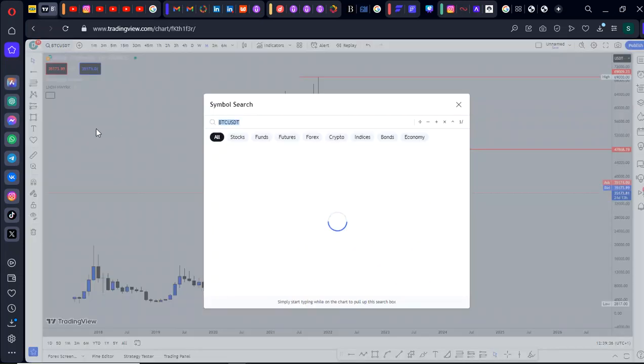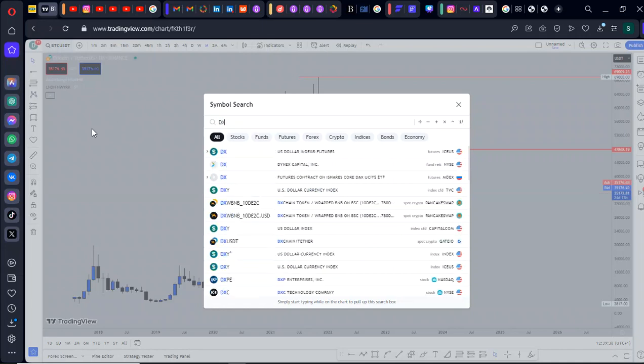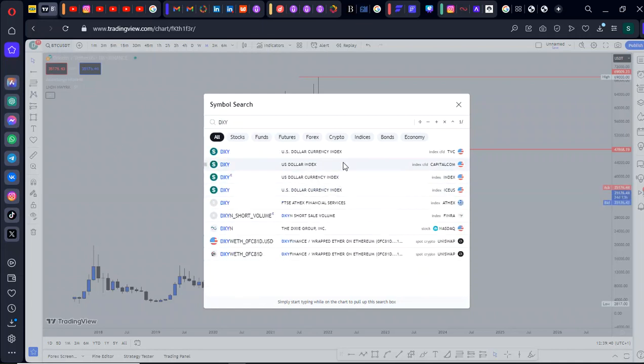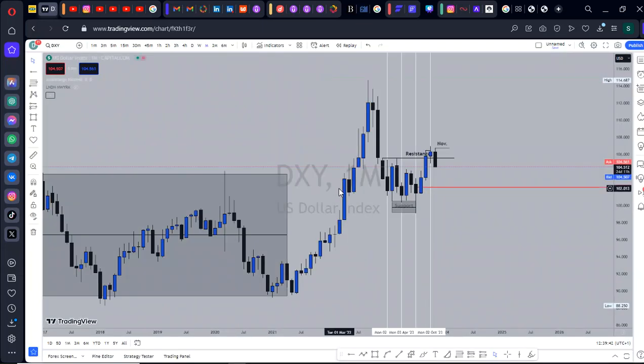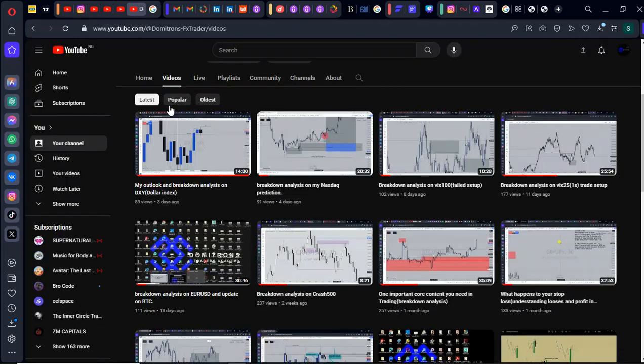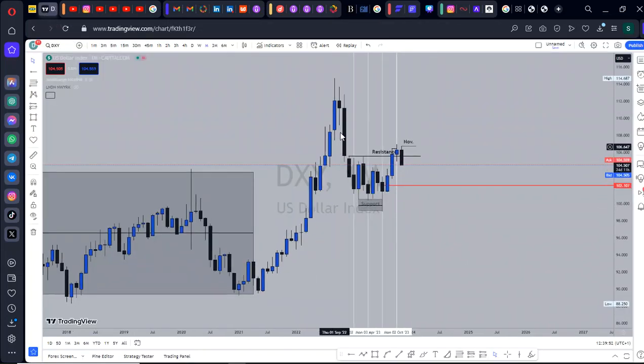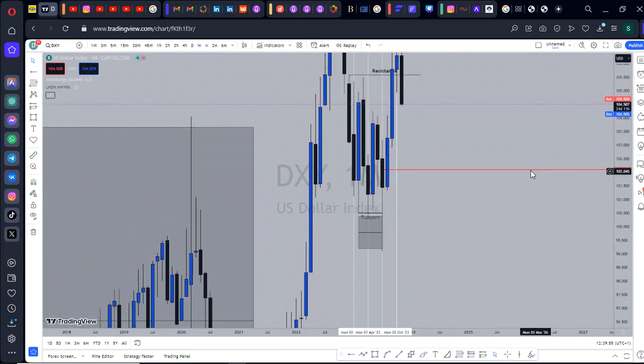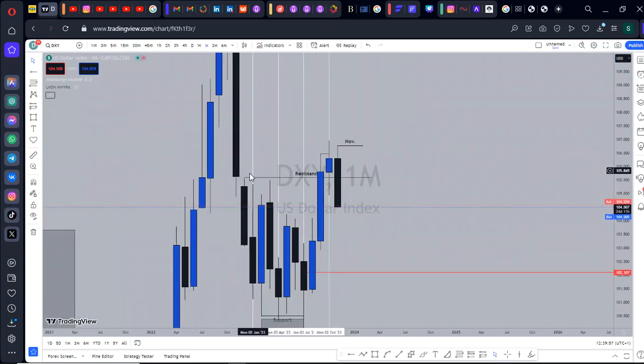Okay, but the thing that makes me happy right now is my prediction on DXY. I predicted it a few hours before it played out. If you go to my YouTube channel right here, 3 days ago I predicted it, and it finally played out right here. I explained that the algorithm is taking the buy orders from here, selling to those who are willing to buy.